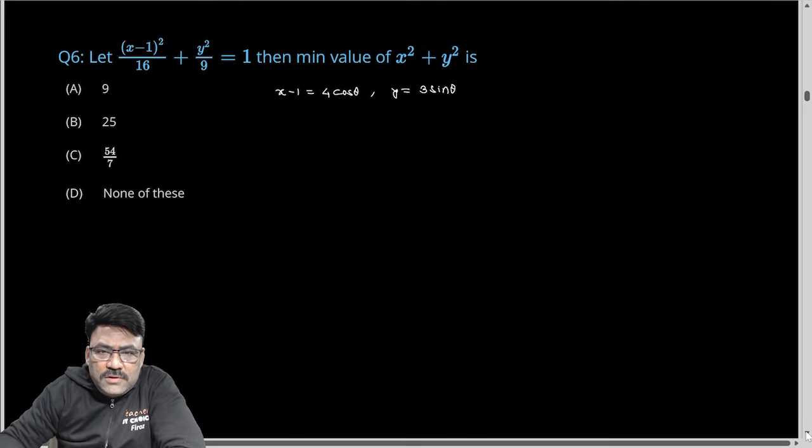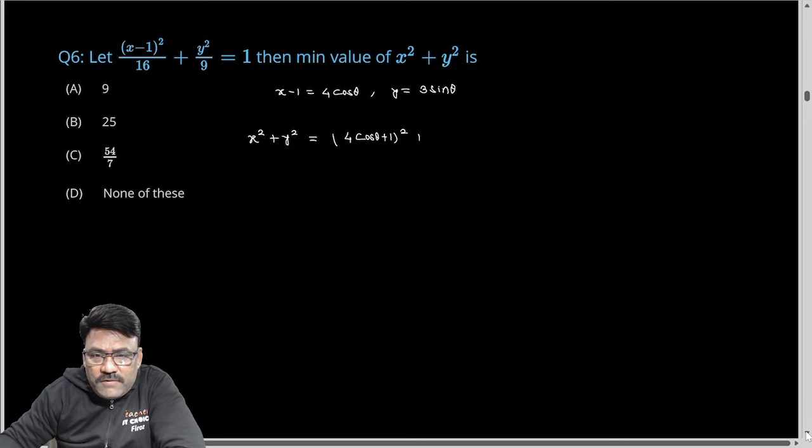Now what are they asking? They are asking the minimum value of x square plus y square. x is 4 cos theta plus 1, whole square. y square is 9 sin square theta.